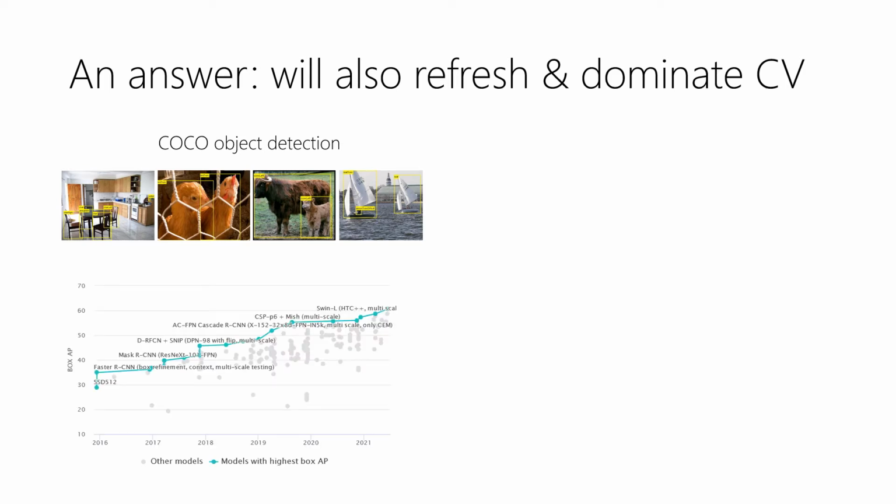This figure shows the best methods across years. Before this March, all methods are based on a convolutional backbone. Now, transformer backbone surpasses all previous approaches, concretely by Swin transformer. Now, all top methods are based on Swin transformer.